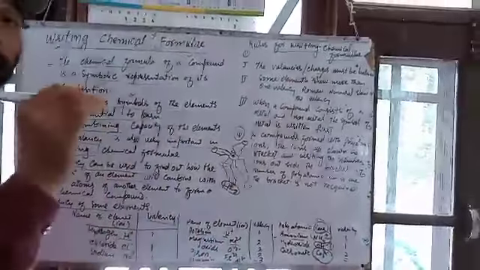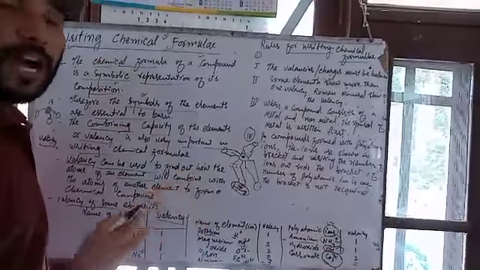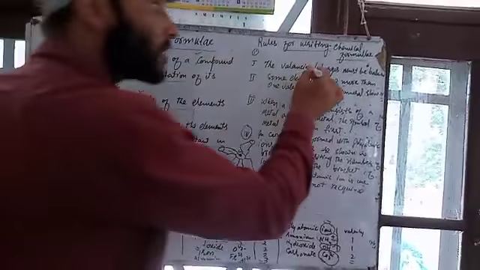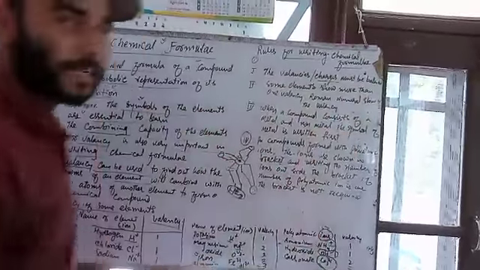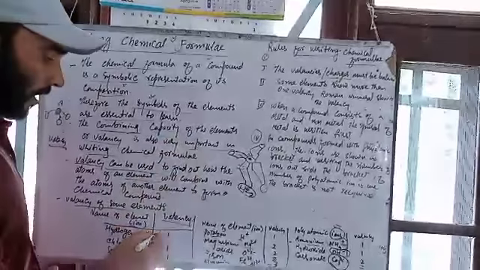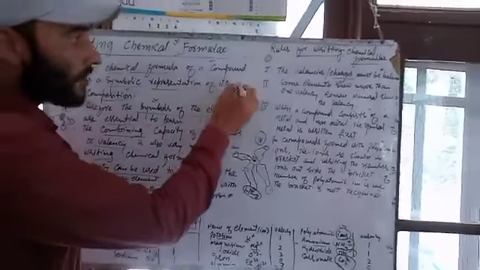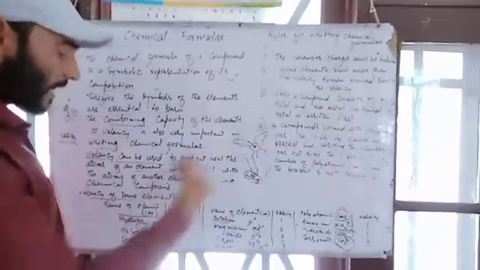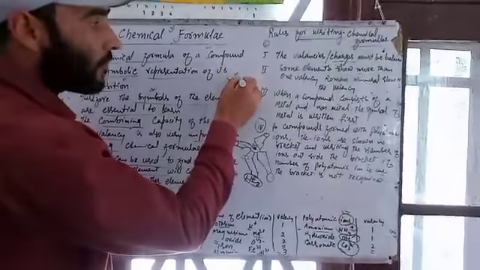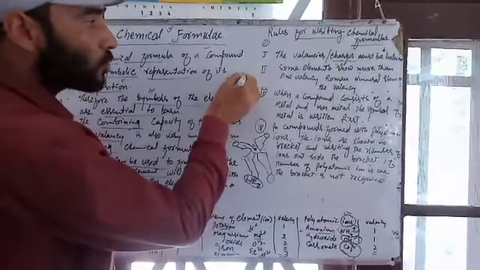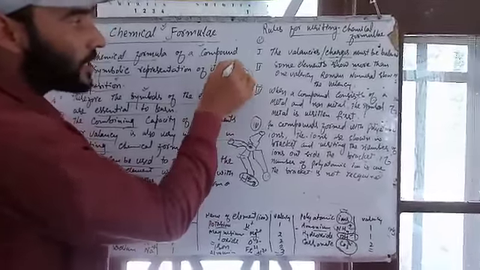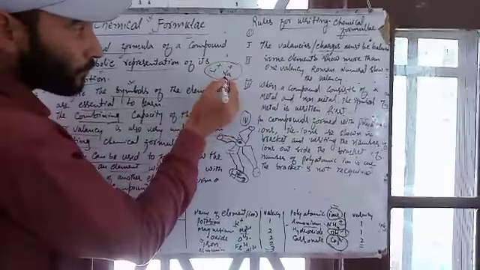That means in a compound the charges must be balanced. Hydrogen has a plus 1 charge. We cannot form a compound with sodium, which is also plus.